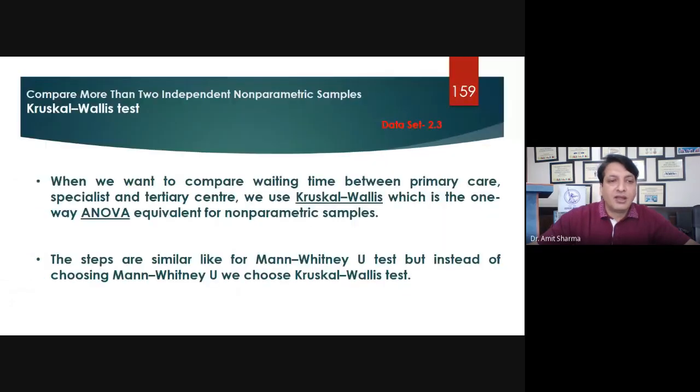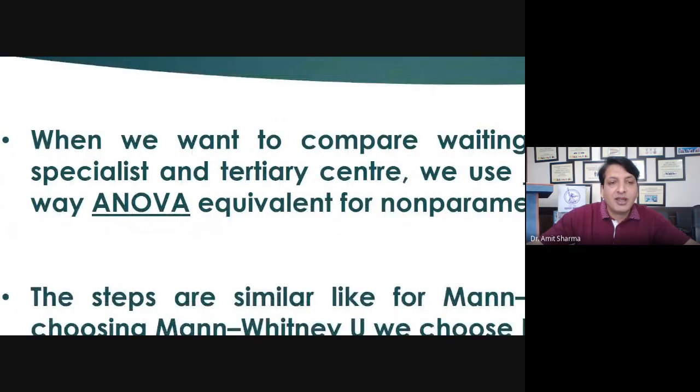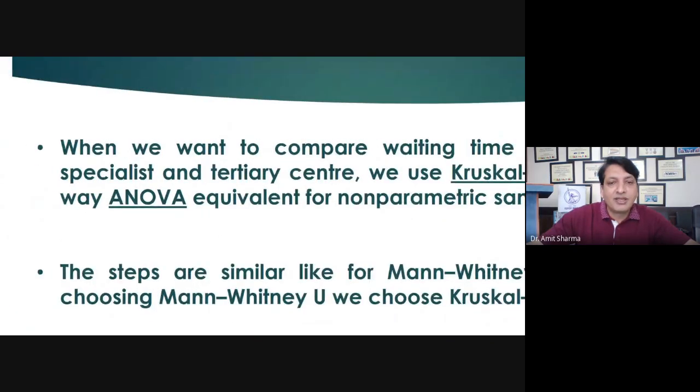So the example I have taken is when we want to compare waiting time between three different units of the hospital, based upon the specialty or the facility given. One is primary care, second is specialist, and third is tertiary center.